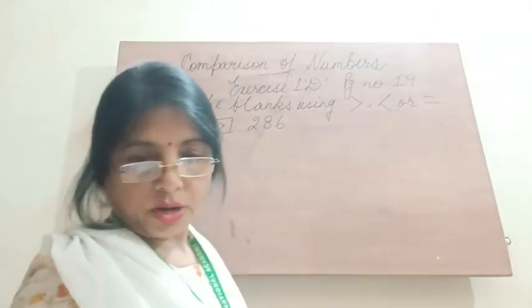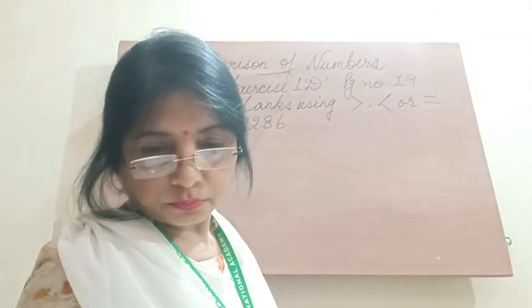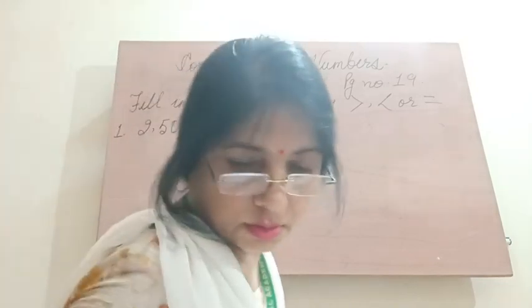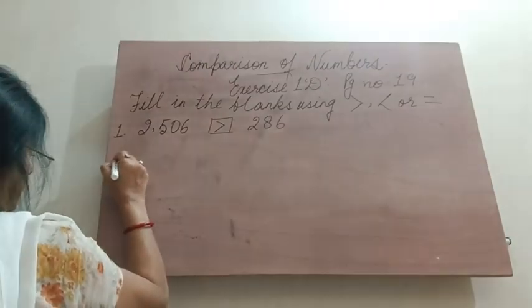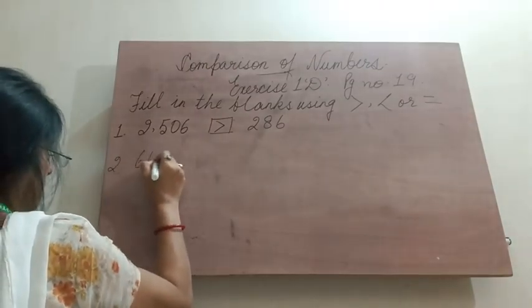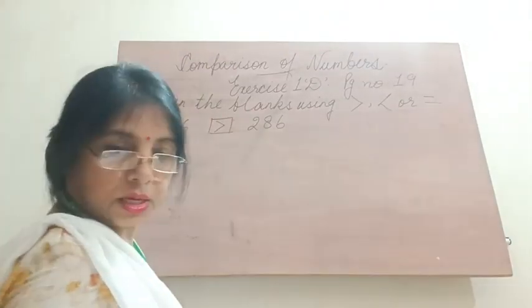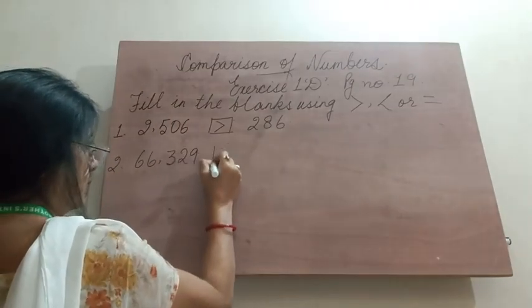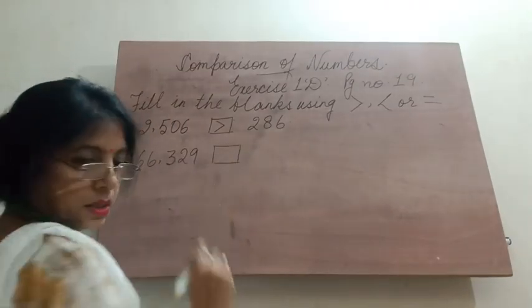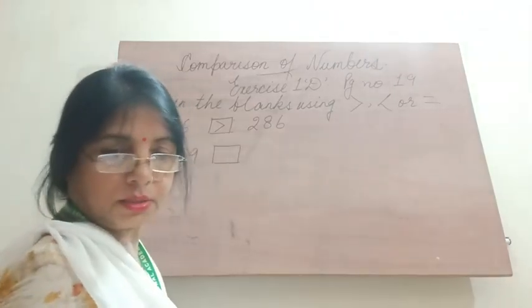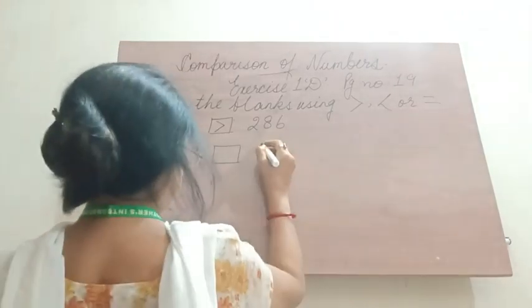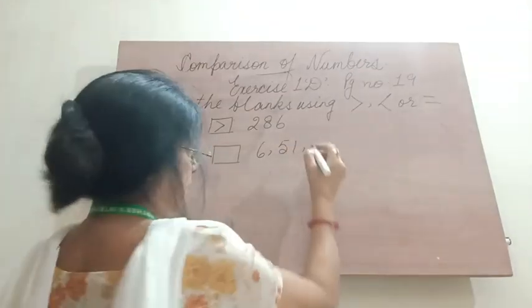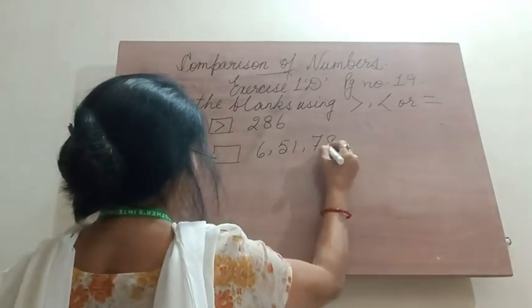Now again one more I want to discuss with you. The second one is 66,329, and the other number is 6,51,780.